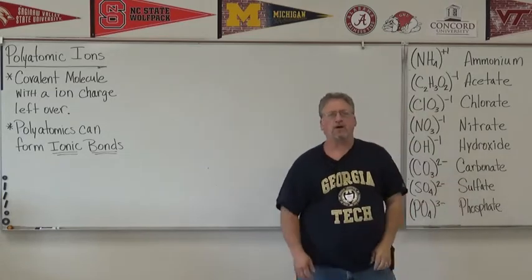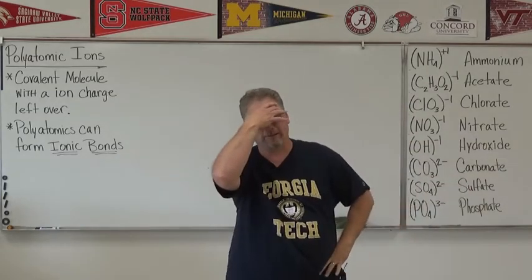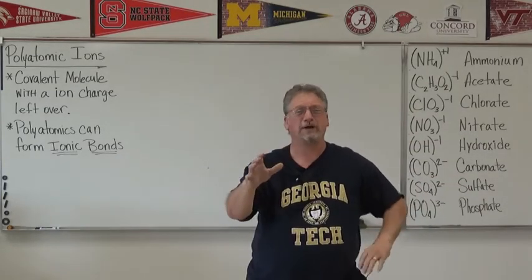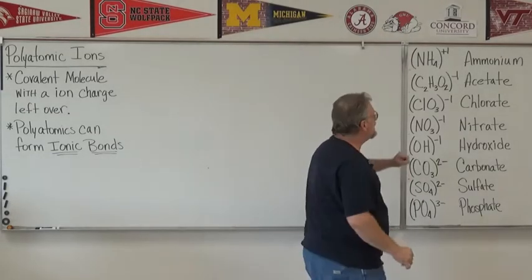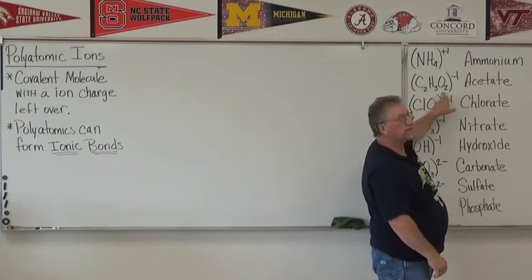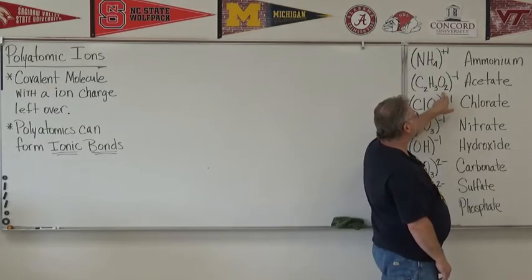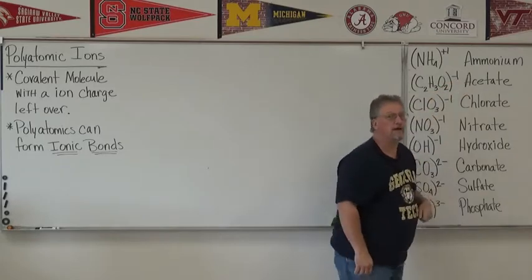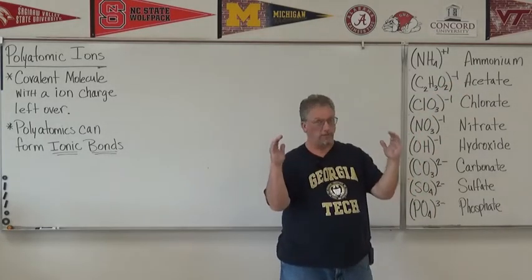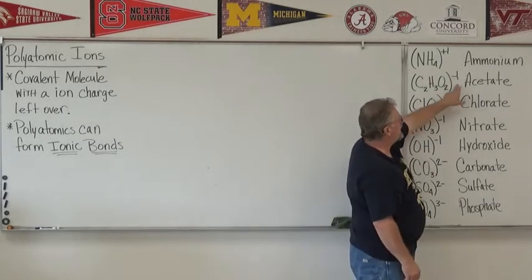Some of you are looking at that going, oh my Lord, that's so huge. Don't worry about it. We're not going to mess with anything inside the parentheses. The only thing we're going to do is write this down. We don't have to do anything with the 2, the 3, or the 2. The only thing we need is that -1 on the outside of the molecule. They call that acetate.